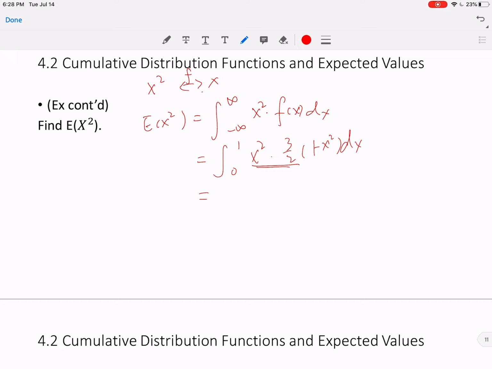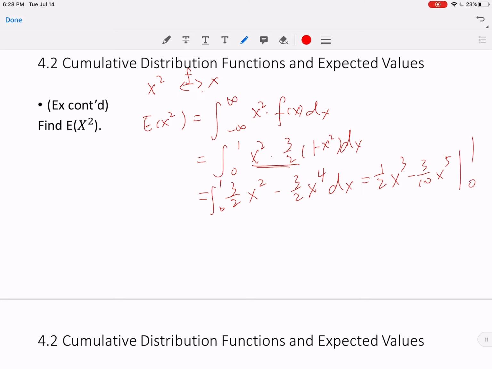We're going to have 3/2 x squared minus 3/2 x to the fourth from 0 to 1 dx, of course. All right, that would be equal to 1/2 x cubed minus 3/10 x to the fifth from 0 to 1.